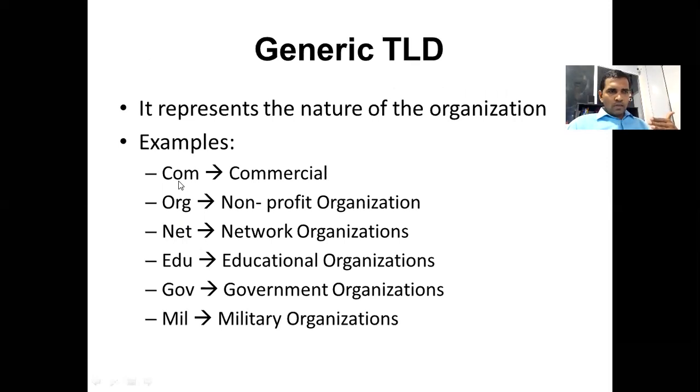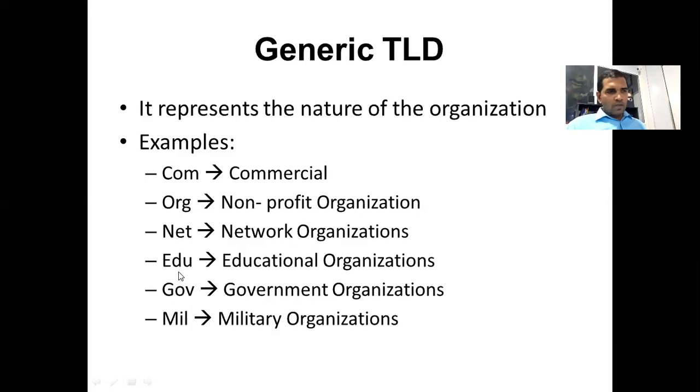But we have so many COMs. There are so many URLs which have COM as TLD. And also we have so many ORG. Maybe net also possible, right? You can find net in some URLs. But EDU, GOV, MIL are extremely difficult to find in URLs.